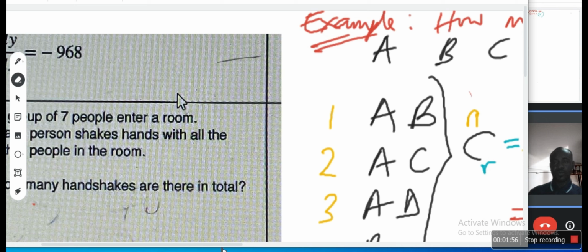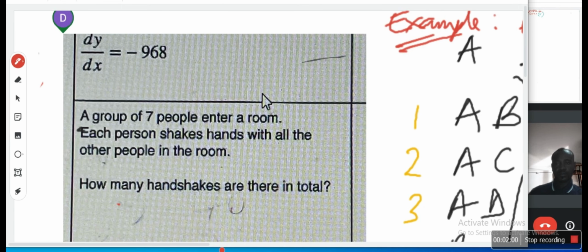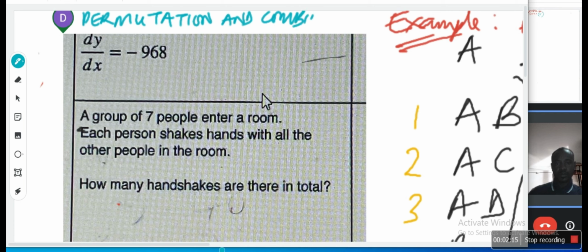Let me write it in blue. And combination.